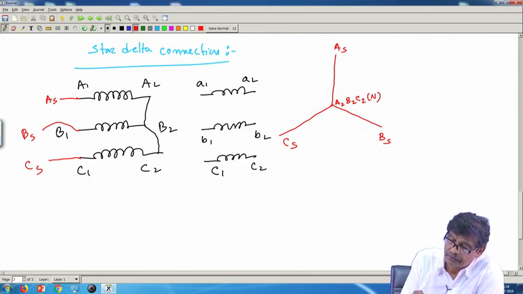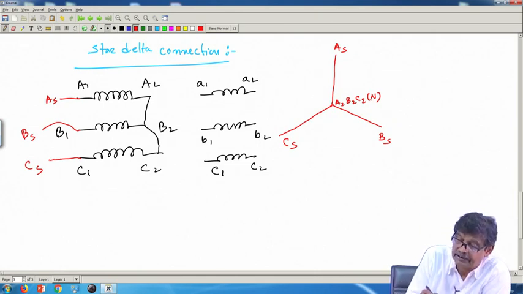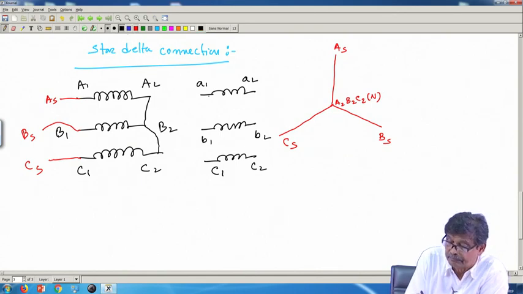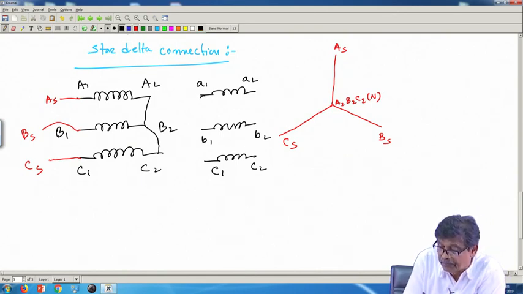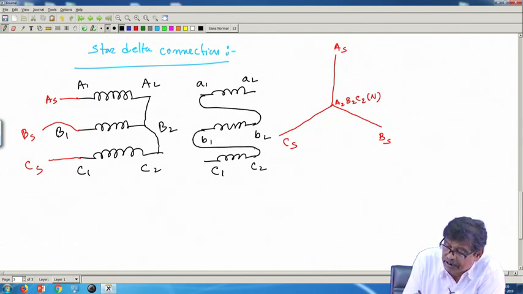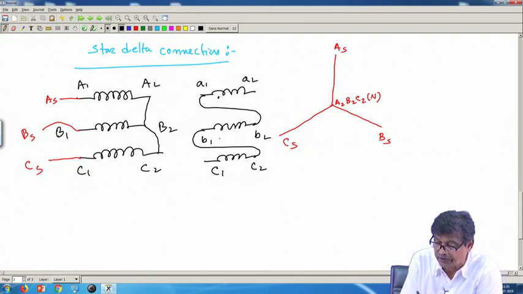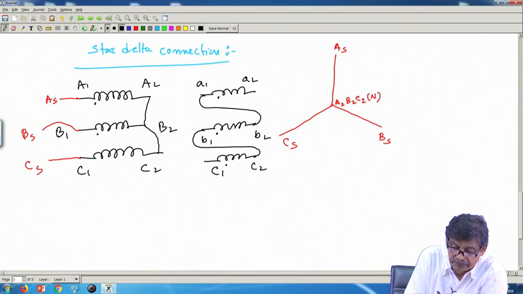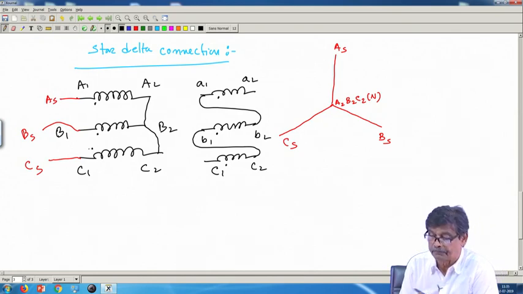Then you connect it, suppose like this, you join the other way now. And mind you, these are dots, do not forget to show that, which I have already told you, that is important.